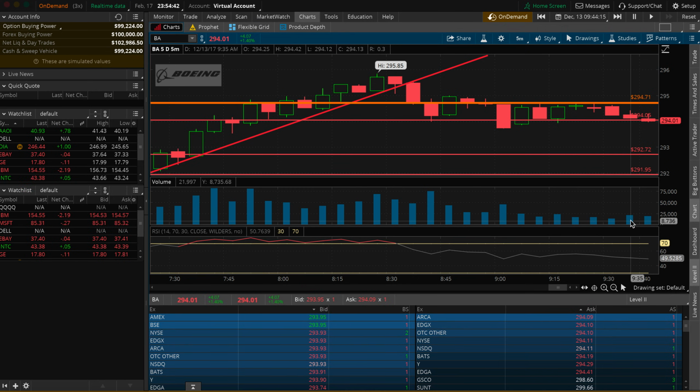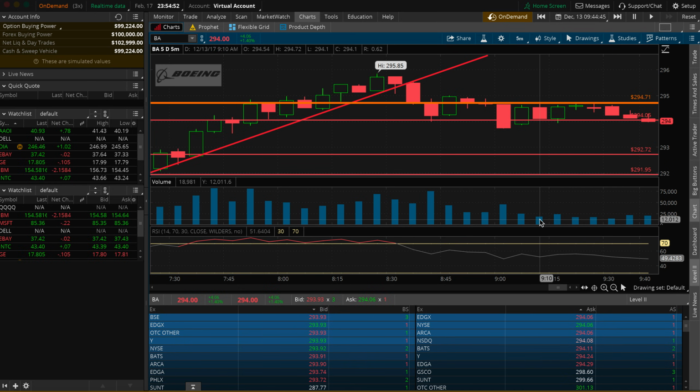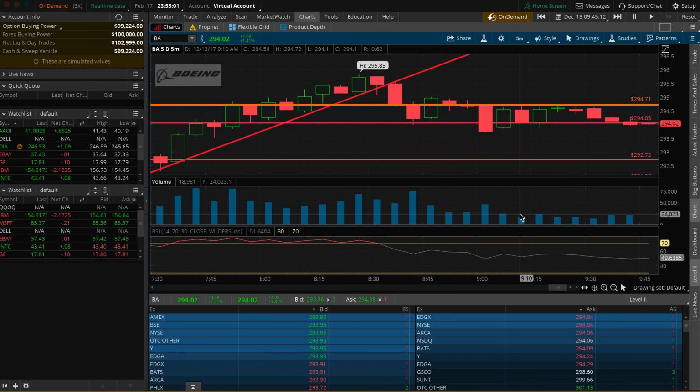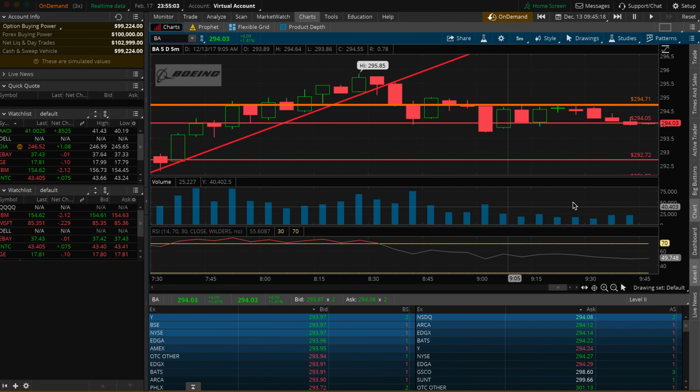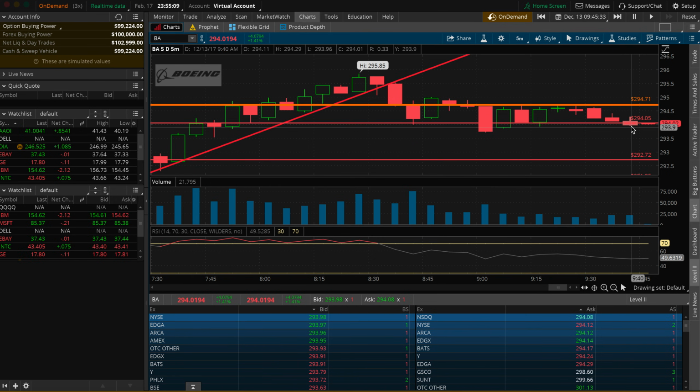Look at that volume. Definitely looks like the sellers are in control. Sellers, sellers in control. Look, this one just broke below, and this one, it looks like it's struggling to get back up there.